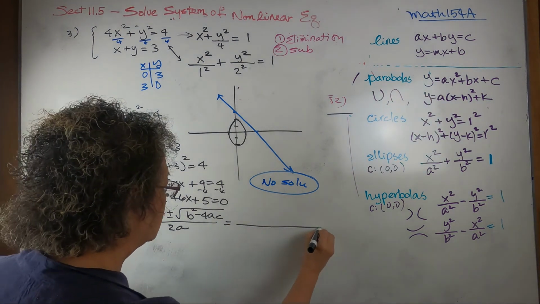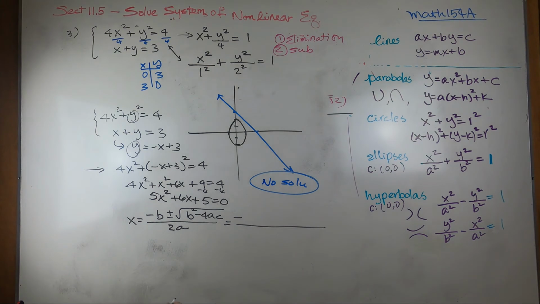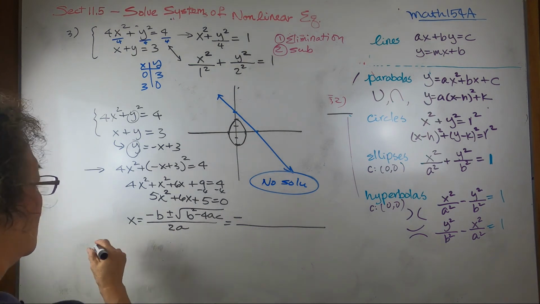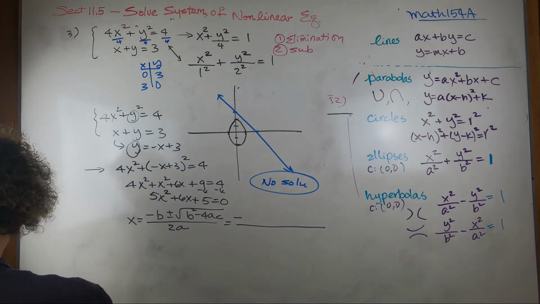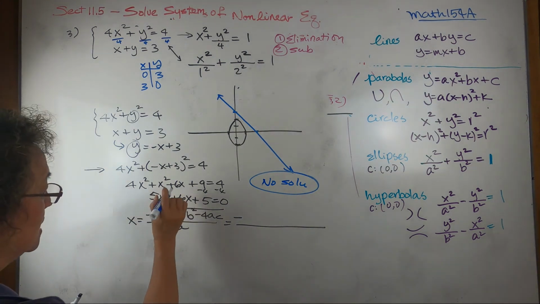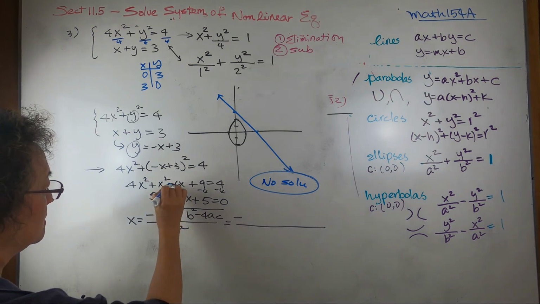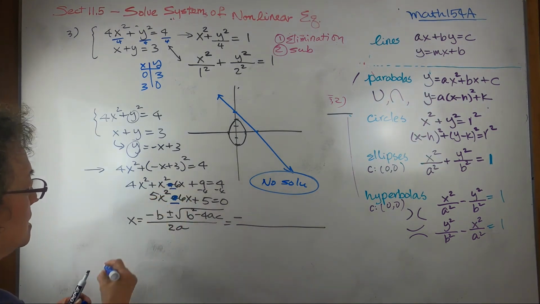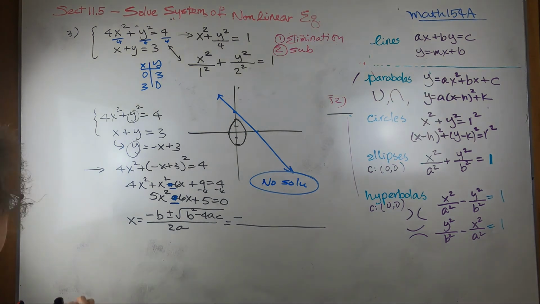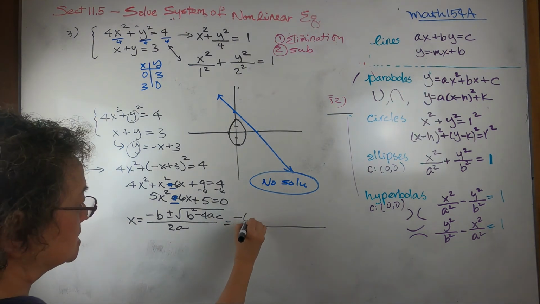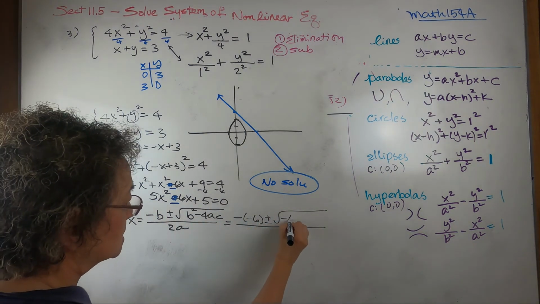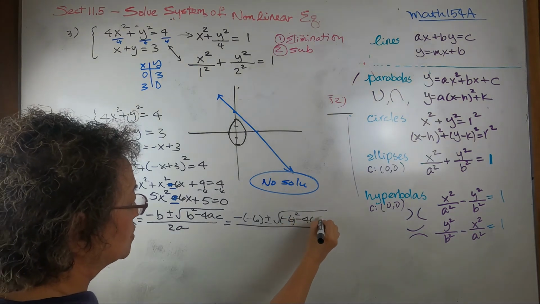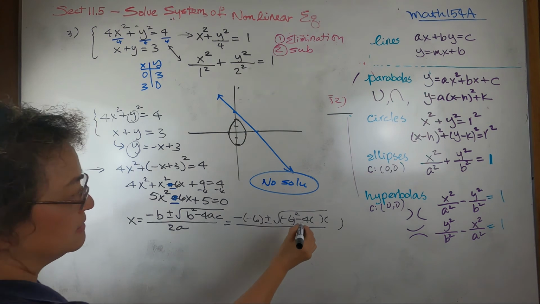Then we plug in. Negative b is, where is the b? Here, right? Oh, just a second, let me see. This should be negative, I was looking at the wrong sign. So b is negative 6. We have 6 plus or minus the square root of negative 6 squared minus 4ac. What is your a? 5.